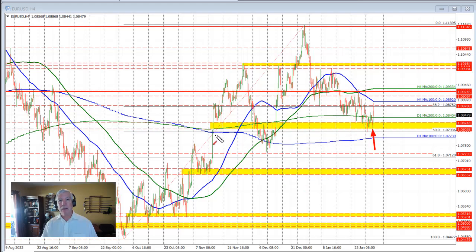That was a key hold and represents another key level that would have to be broken if the price is going to go lower in trading through the FOMC rate decision. Following that is a 50% retracement of the move up from this low right here to this high. That level comes in at 1.07936. Earlier this week, the price low came down to that level, got within about a pip or two of it before rotating to the downside.